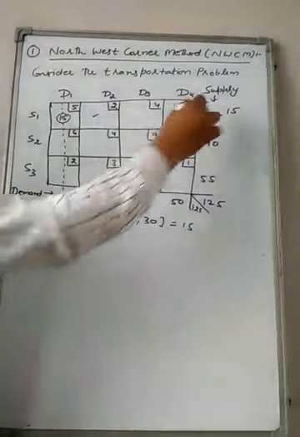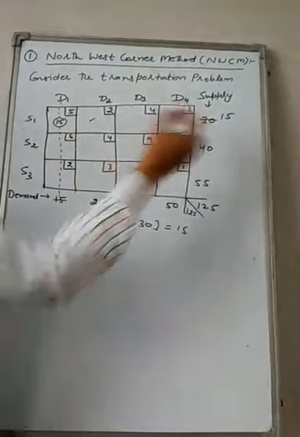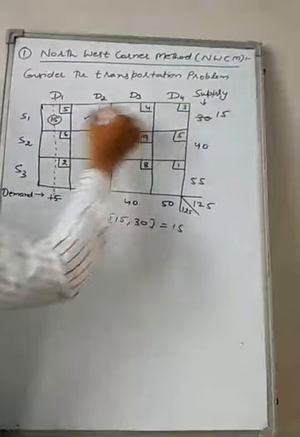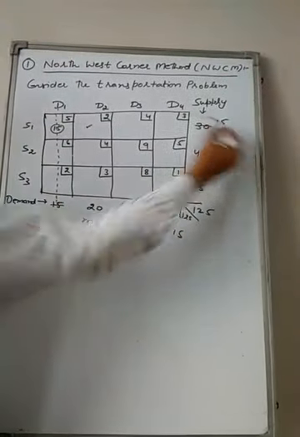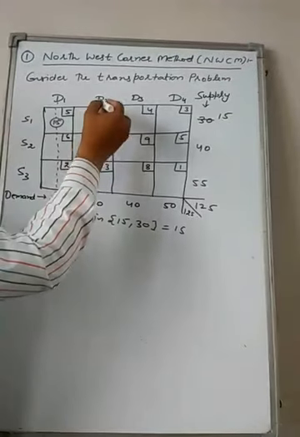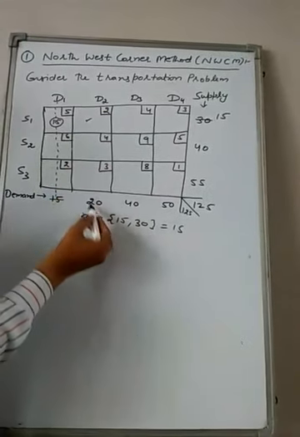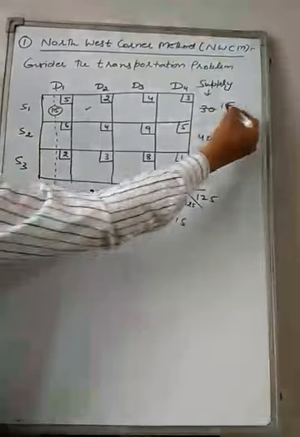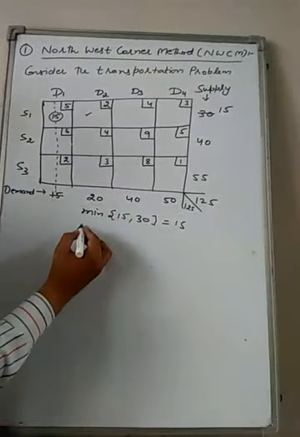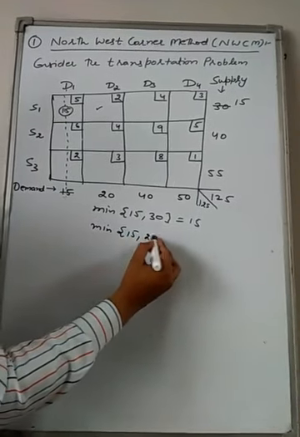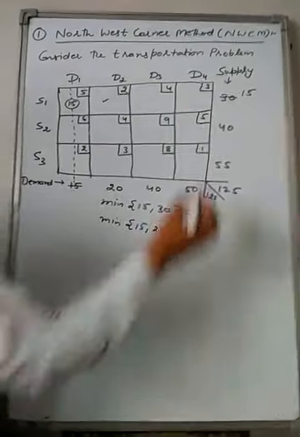Now we continue in a similar manner. The supply corresponding to this row is 15 and the demand at D2 in this column is 20, and the minimum of 15 and 20 is 15.